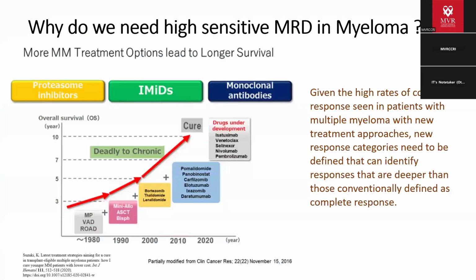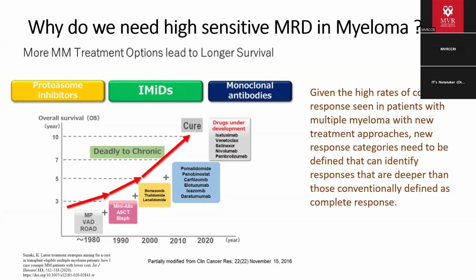If you see the treatment landscape of multiple myeloma in the early 1980s, we used to treat myeloma with vincristine, adriamycin, doxorubicin based therapy. Then we went on to stem cell transplantation. And in the last 5 years, there is a paradigm shift in the treatment of myeloma.